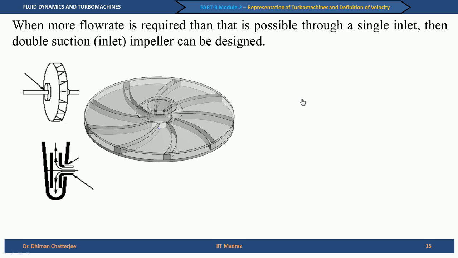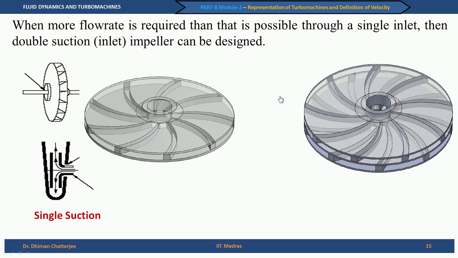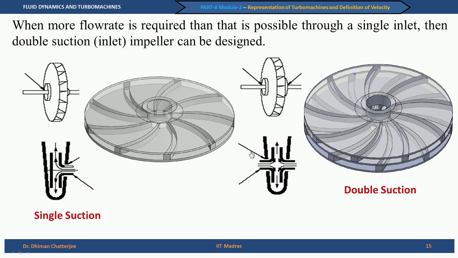Now, when I want more fluid, I cannot possibly take it through the single inlet. Then what I need to do is, perhaps sometimes it is required, that I put two impellers. You can see two tiers of impellers, one at the top, one at the bottom. So, the fluid in this case can enter from both sides, from the left as well as from the right.